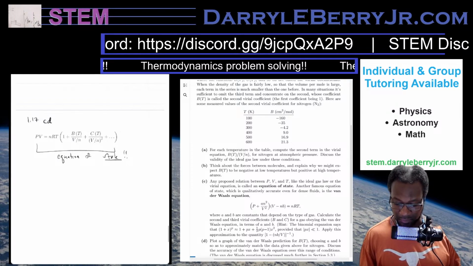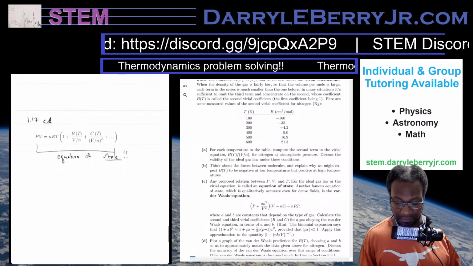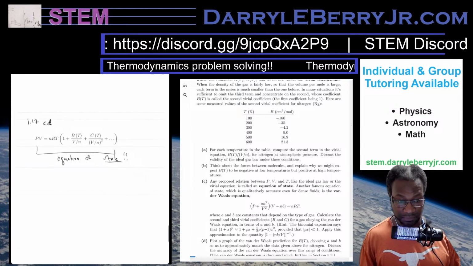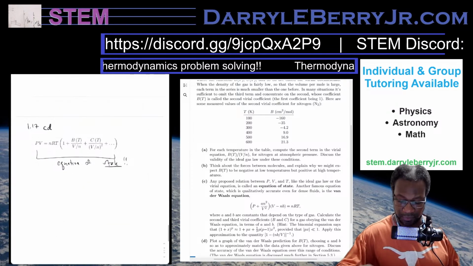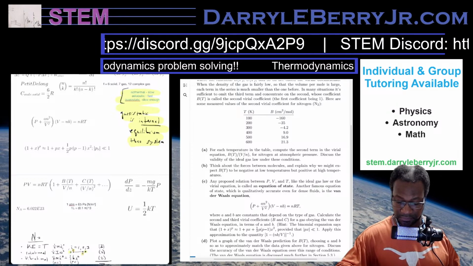So it seems like what we want to do is put the van der Waals equation in this form. So I'll just copy it.